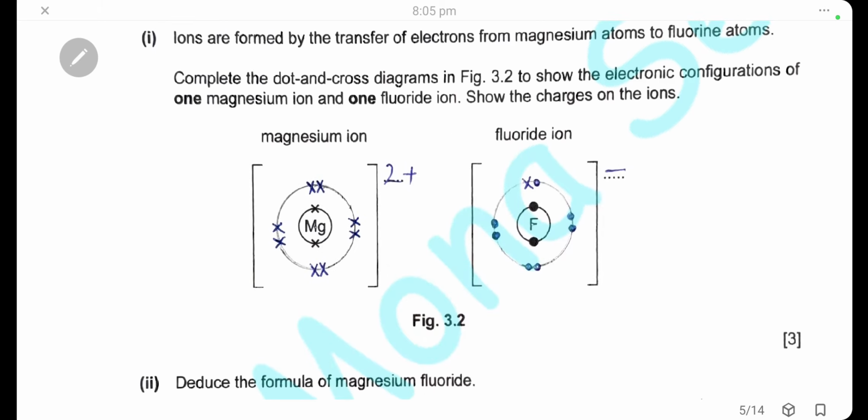We will draw the magnesium ion with electronic configuration 2, 8 only, with the charge 2 plus, and the fluoride ion 2, 8, 7 dots and 1 cross to indicate that this electron comes from the magnesium atom, and don't forget that the fluoride ion has 1 negative charge.